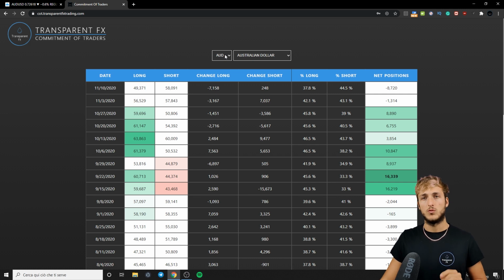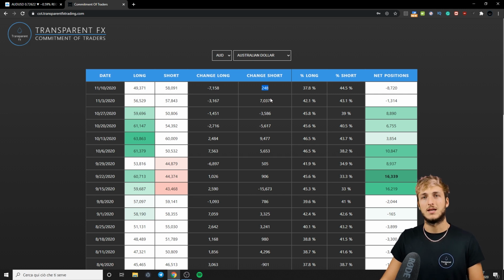And on the AUD, what we can see is that net positions have been greatly decreased. In fact, we went from having 16.3k net positions all the way down to having minus 8.7k net positions, with an extra 7.1k longs closed with the last report and 250 shorts opened. So a massive amount of longs is getting closed and shorts are getting opened.